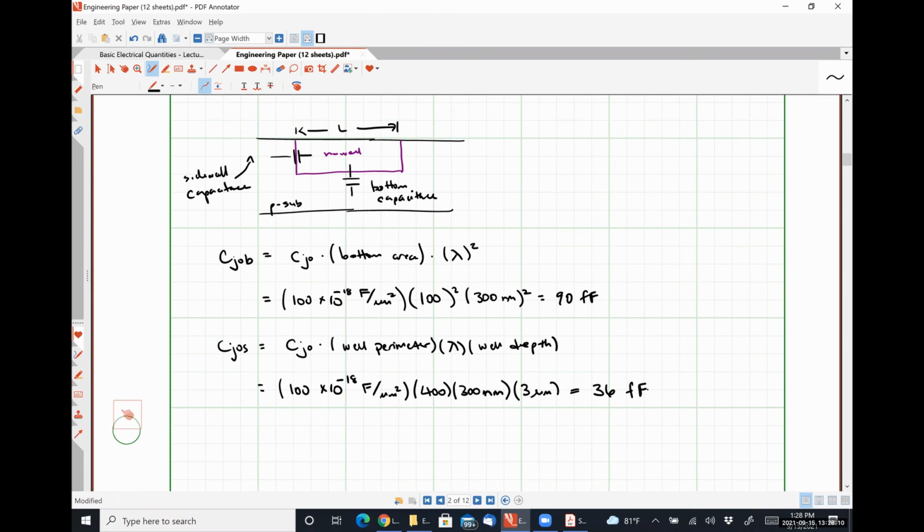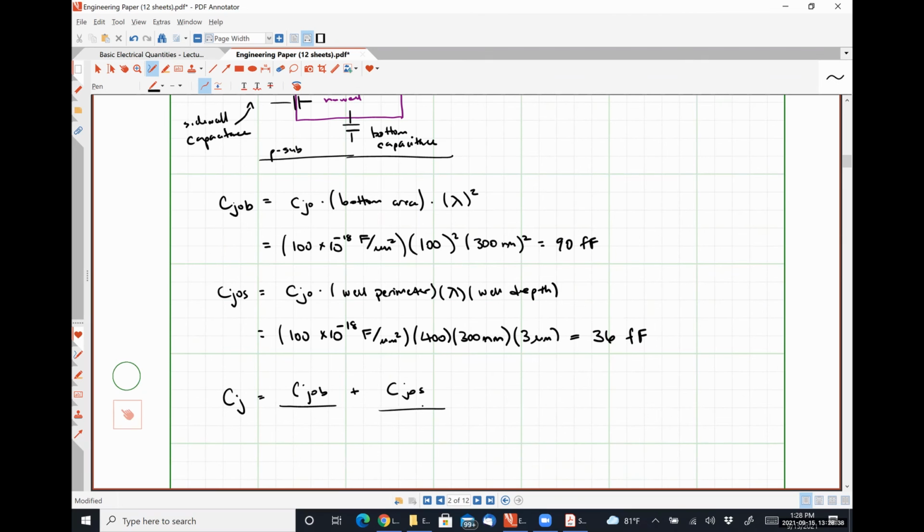All right, so we know what our unbiased capacitance is, right? CJ is going to be CJ0B plus CJ0S.